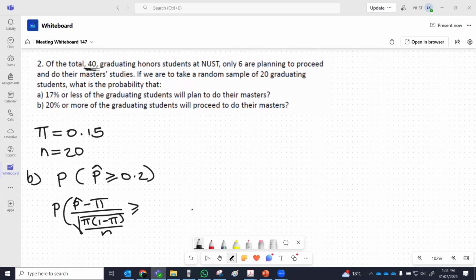And then on this side, we do the same thing, 0.2 minus 0.15, divided by the square root of 0.15 multiplied by 1 minus 0.15, divided by 20.